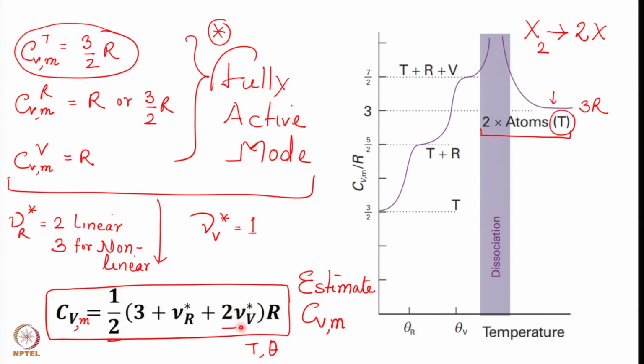Why did I say that nu V star is for one normal mode? Because there has to be more than one atom for a molecule to vibrate. If it is linear or non-linear, then you have to use the 3n minus 5 or 3n minus 6 formula to calculate the total number of normal modes of vibration and then substitute the value over here.